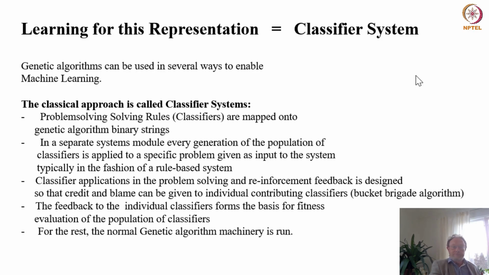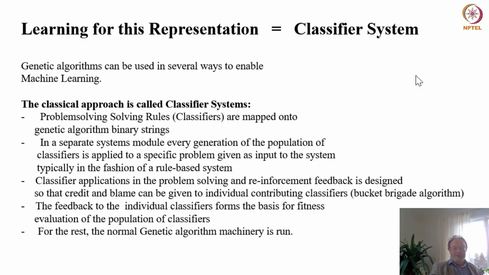So essentially a classifier system is a production system as it was described in one of the earlier lectures, in the first lecture this week. And essentially what one does in a classifier system is that the production rules of a production system are mapped onto the binary strings of a genetic algorithm.